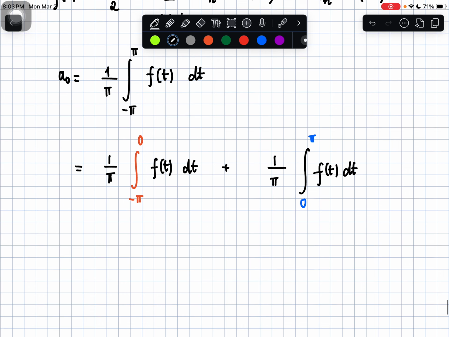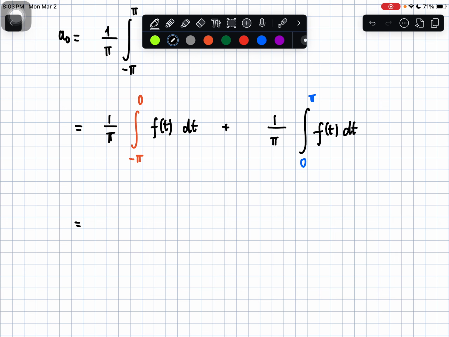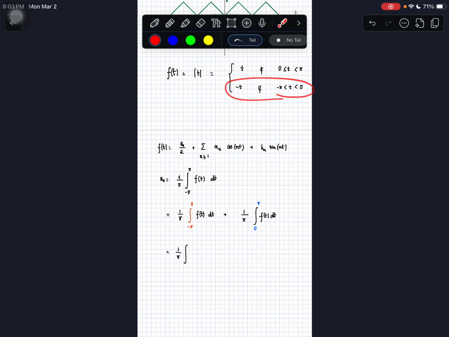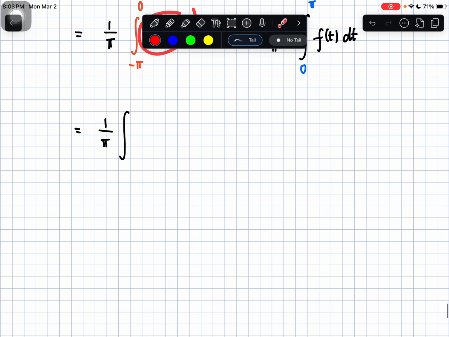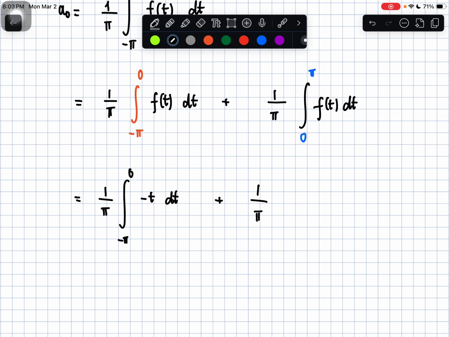On minus pi to 0 you have minus t, so it is 1 over pi times the integral of minus t dt. For the second one, 1 over pi, from 0 to pi, f(t) is t, so t dt. The first term is minus t because the interval is minus pi to 0, and this one is plus t because we work with the interval 0 to pi.